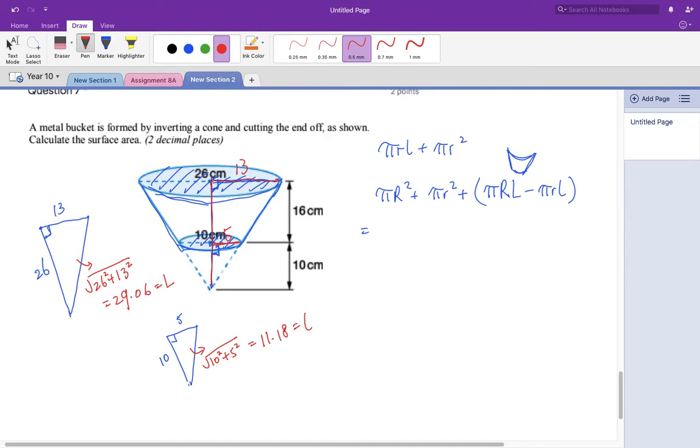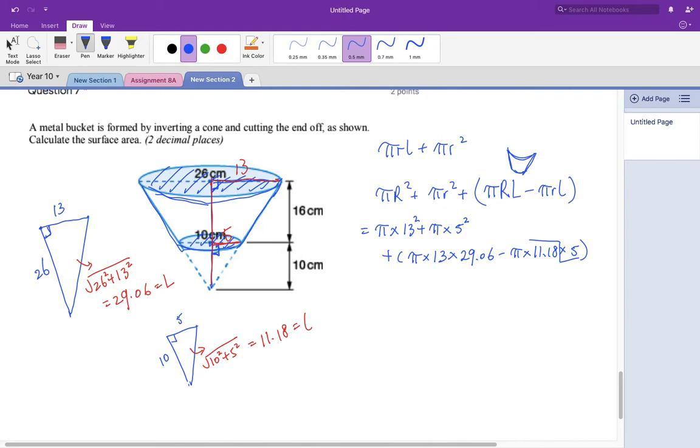And now I put everything into the calculator, right? So you have pi times 13 squared plus pi times 5 squared plus pi times 13 times 29.06 minus pi times 11.18 times 5. I should have written them in a different order, but it doesn't really make a difference.